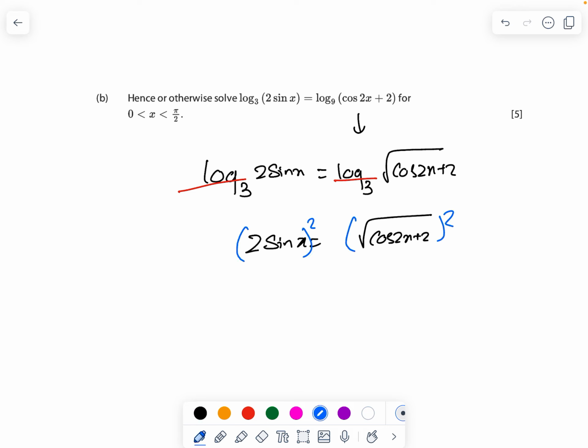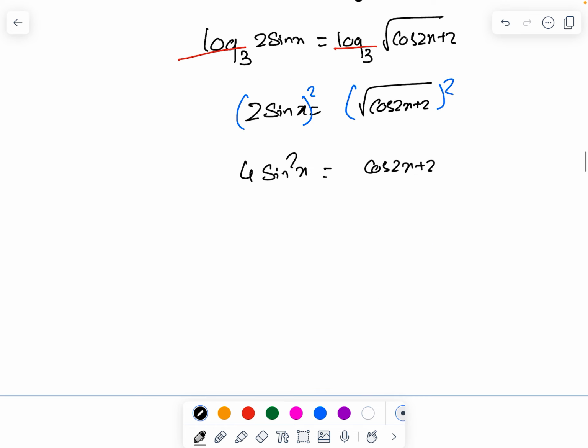When I do squaring on both sides, it becomes 4 sin square x equals cos 2x plus 2. Now we have to use the formula cos 2x equals 1 minus 2 sin square x. I am using 1 minus 2 sin square x. So what does that become? 4 sin square x equals 1 minus 2 sin square x plus 2.